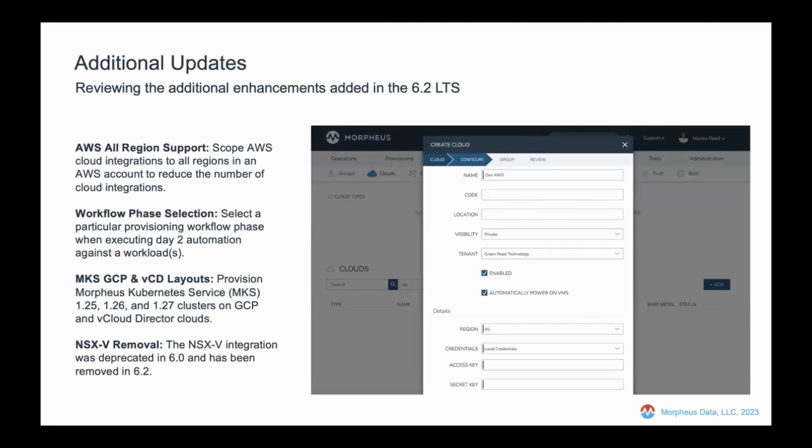What this now enables is the ability to scope the cloud integration to all regions in the given AWS account. In many cases, this may be leveraged from a design perspective to reduce the number of integrations that are necessary for the given cloud.